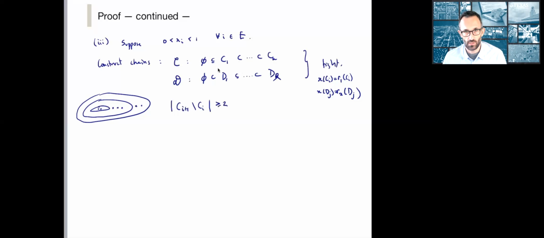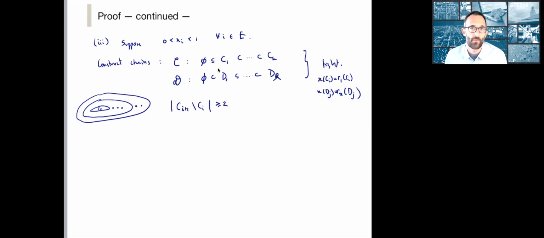Again, just to make sure we're all on the same page here, imagine that C1 had 2 elements, and C2, which contained it, had 3 elements. And this wouldn't be possible, because we know that x of C1 has to be integral, and x of C2, which is just x of C1 plus x3 in this case, is also integral.